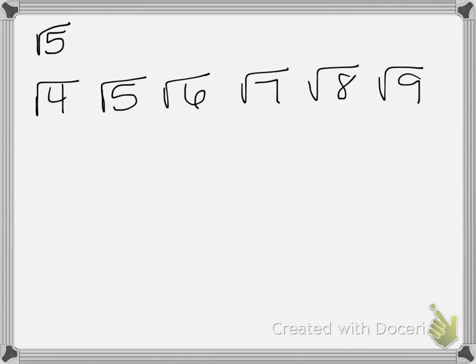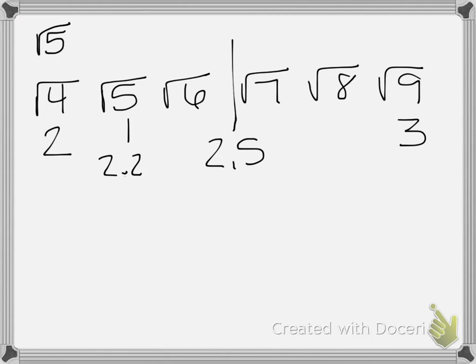So we know that the square root of 4 is 2, and the square root of 9 is 3. So in the middle right here would be 2.5. If we wanted to estimate that, we could say that this would be maybe 2.25, because that's in the middle of 2 and 2.5. And then here would be 2.75. So if I wanted to estimate this, I would usually do 2.2 or 2.3.